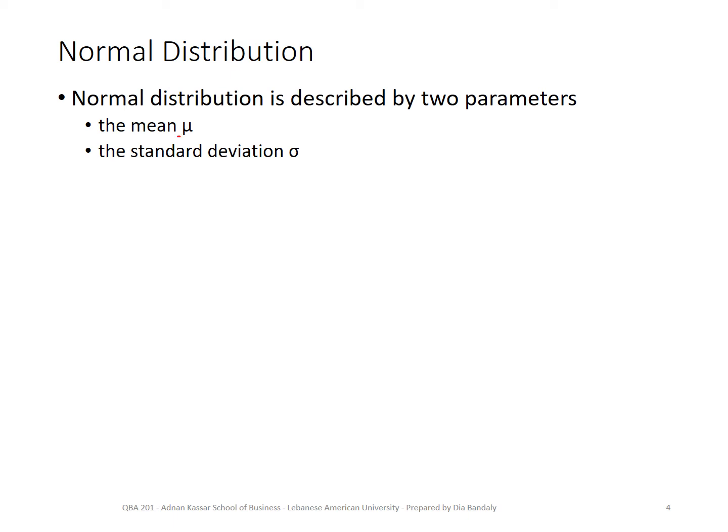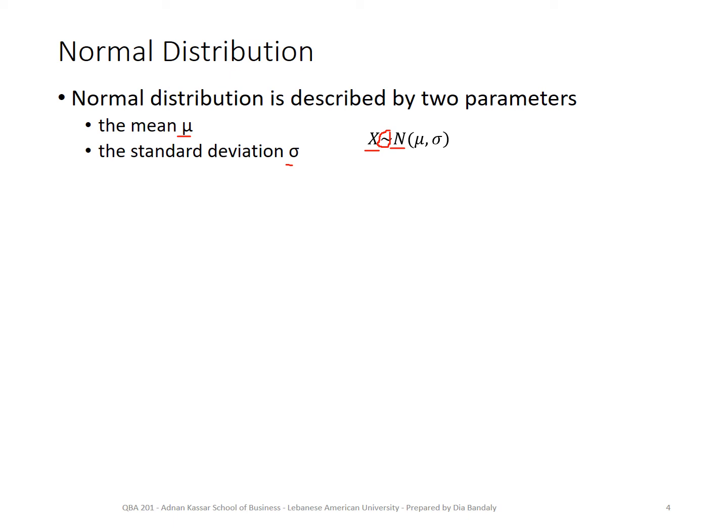So the mean is mu, the standard deviation is sigma, and we use this notation. This is our variable x. We use this style to represent that this is a probabilistic variable that can take any value, and this is the type of the distribution, which is normal in this case.